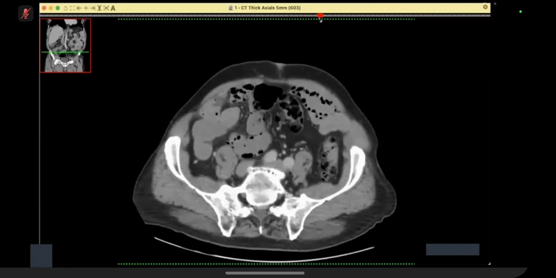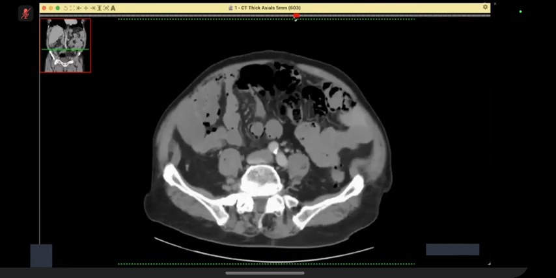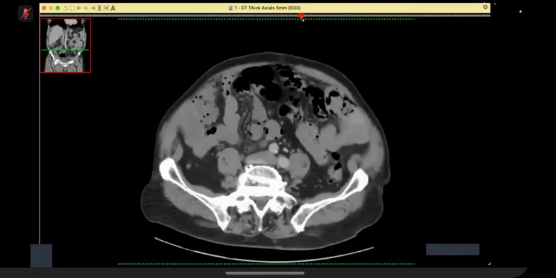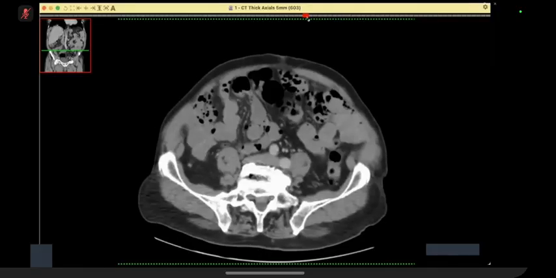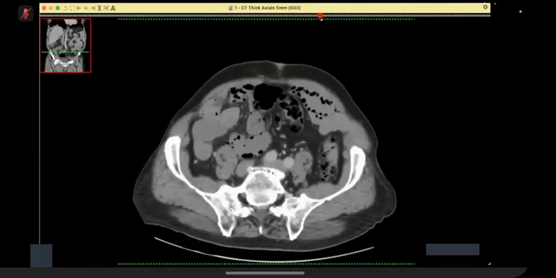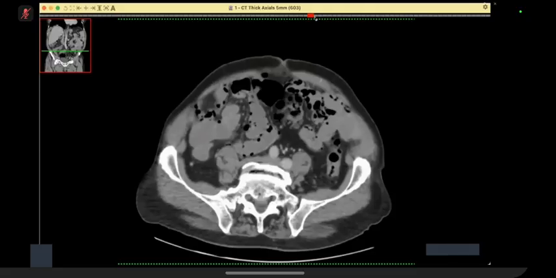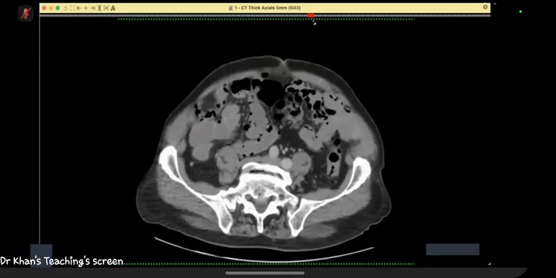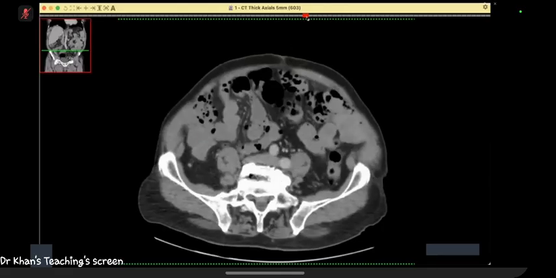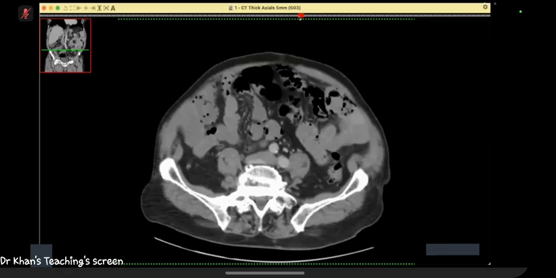I'm just looking for any pneumoperitoneum. I'm quite suspicious about a locule of air just near the anterior abdominal wall, but I'm just going to keep scrolling.